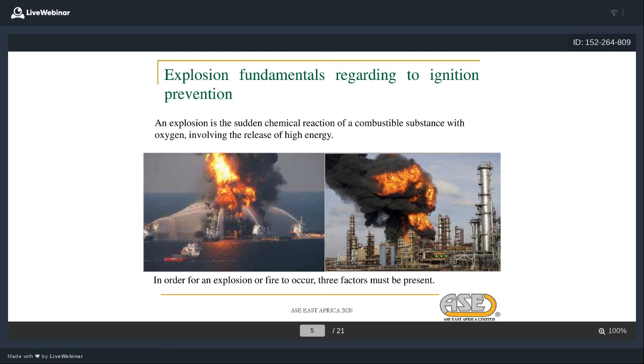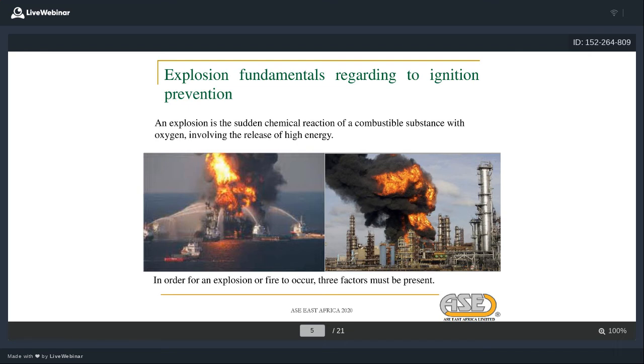And oxidizers, we have three types: gas, liquid, and solids. Good examples of gas oxidizers are oxygen, fluorine, chlorine. Liquids, we have hydrogen peroxide, nitric acid, chloric acid. Solids, we have metal peroxides and ammonium nitrate.